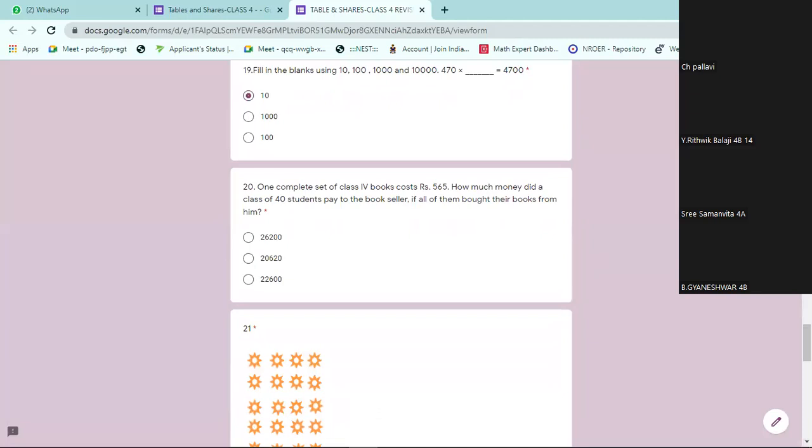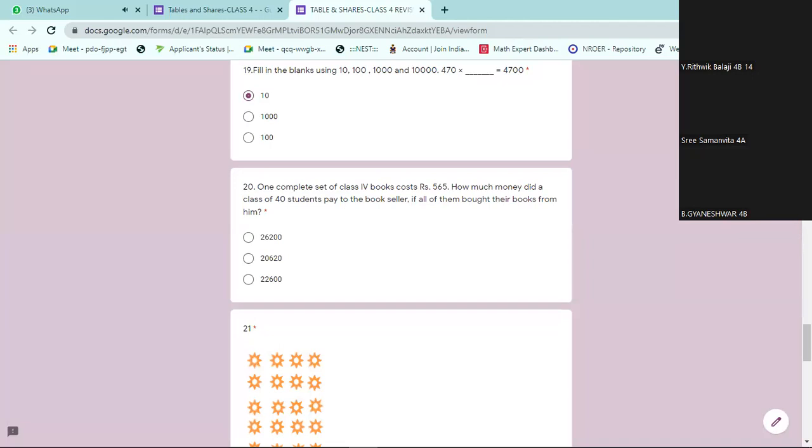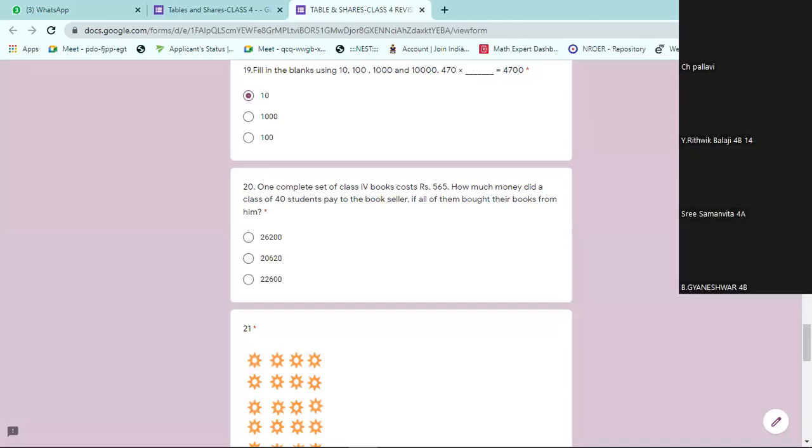We have to wait. One complete set of 4th class books cost is 565. How much money did a class of 40 students pay? One set is 565 rupees, 40 sets. 40 sets means multiply with 40. For 0, I will get 0.